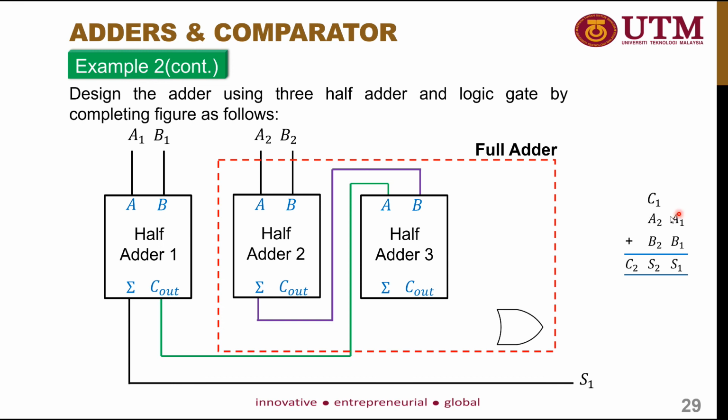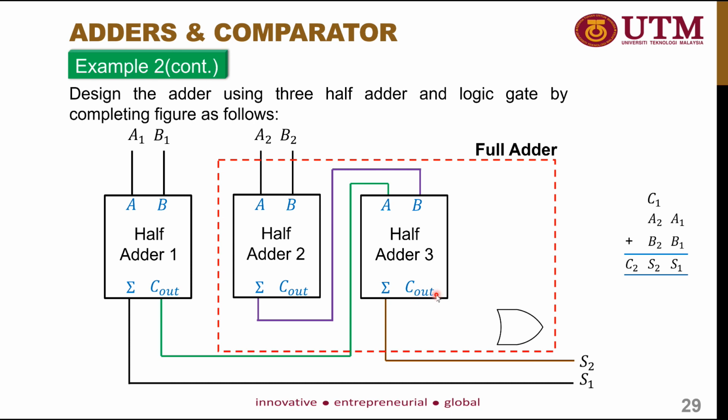So for half adder 3, you already have C1 plus A2 plus B2. The answer that you get from half adder 3 is the sum, which represents S2. And the other output of half adder 3 is the carry, what we call the output carry.